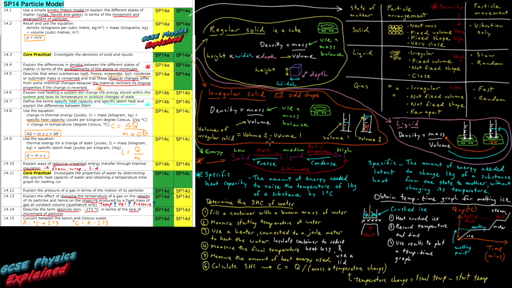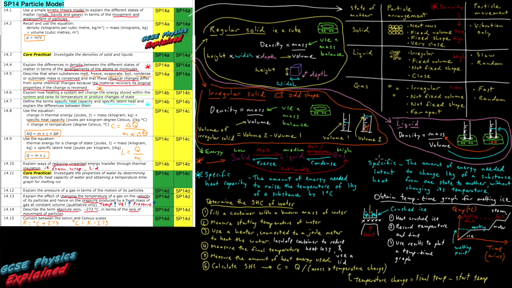Define the terms specific heat capacity and specific latent heat and explain the difference between them. Remember, it's only worth 1 mark. Specific heat capacity is the amount of energy needed to raise the temperature of 1 kilogram of a substance by 1 degree C. Specific latent heat, for 1 mark in an exam, is the amount of energy needed to change 1 kilogram of a substance from one state to another without changing its temperature.